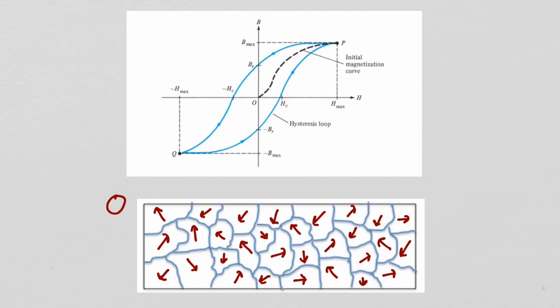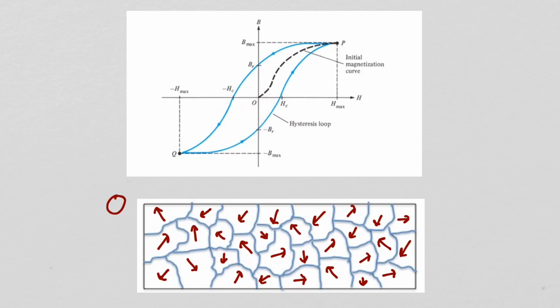Let's begin with all of our domains randomly oriented, so there's no net magnetic field coming from our piece of iron. This situation would put us at the origin in our B versus H curve, position O here.